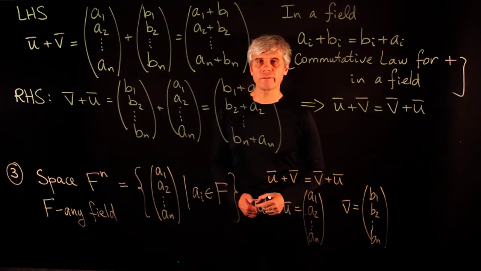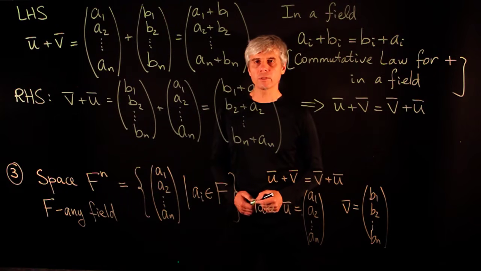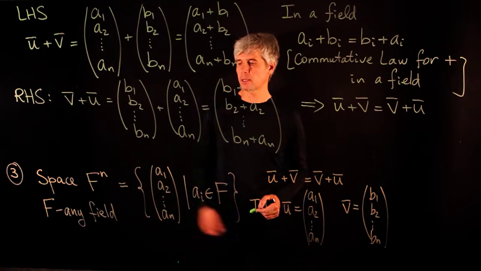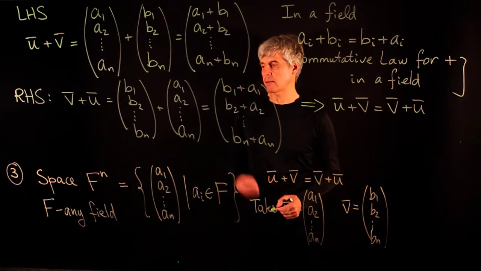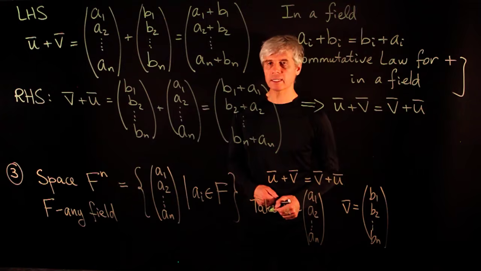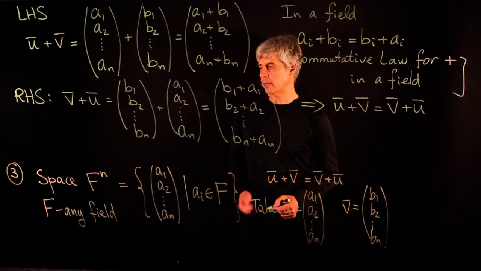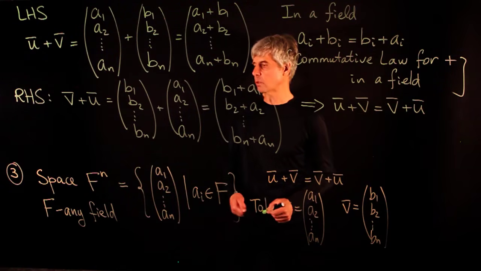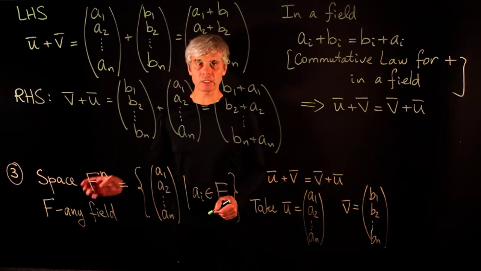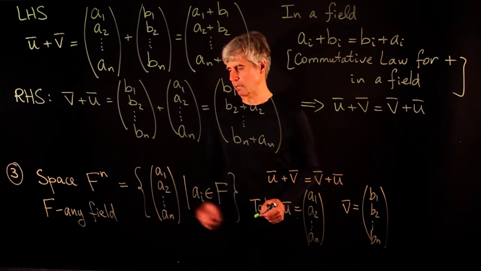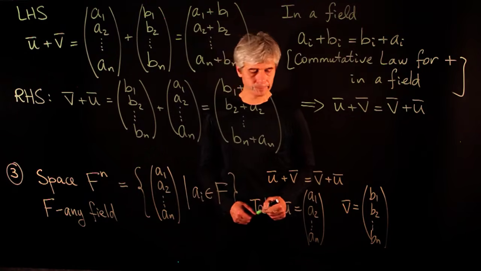Here we verified the commutative law for addition of vectors in Fn, and I leave it for you as an exercise to verify the 7 remaining axioms of a vector space for this Fn space.